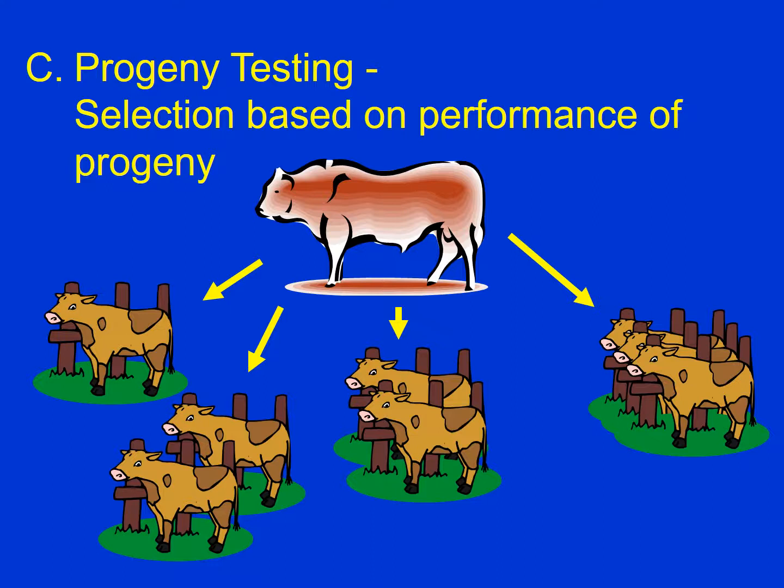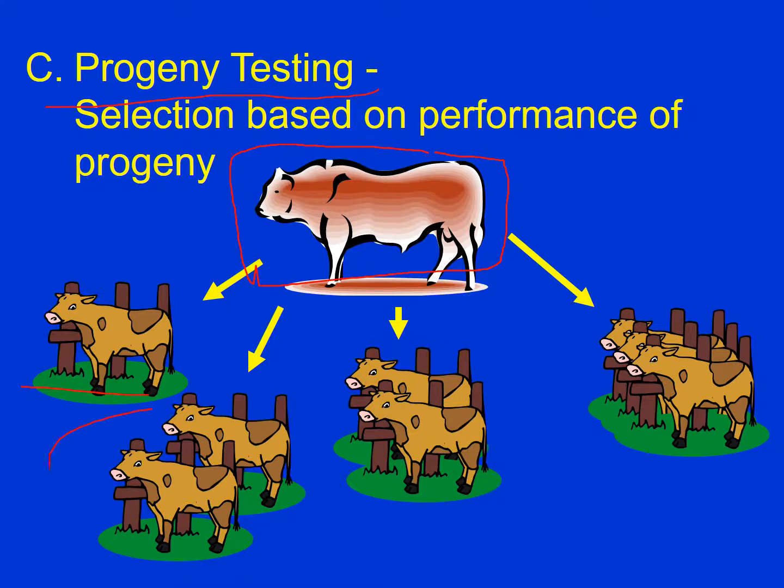Next we have progeny testing, most often utilized in dairy cattle and beef cattle genetic selection programs. Progeny testing became popular back in the 1960s, so it's been around for a while. So we have this bull, and we may have selected this bull based on his pedigree. We're going to distribute semen out to a lot of different herds.